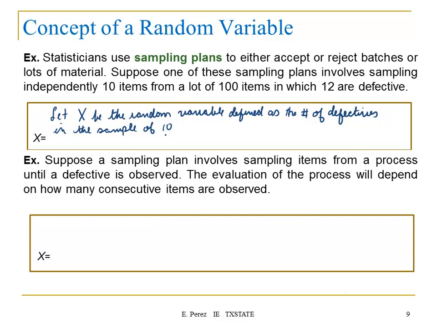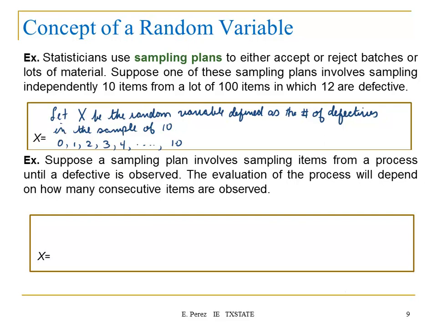So what are the values for this random variable? X can have values from 0 up to 10. Because you can get 10 items and none of them are defective, so the value for your random variable is 0. You get 10 and 5 of them are defective, the random variable value is 5.